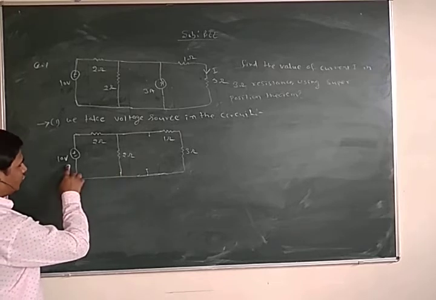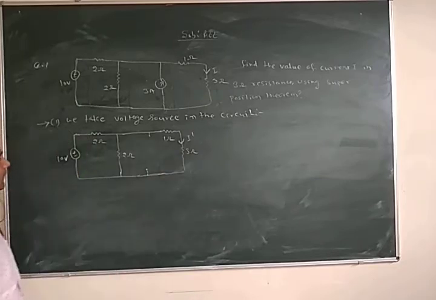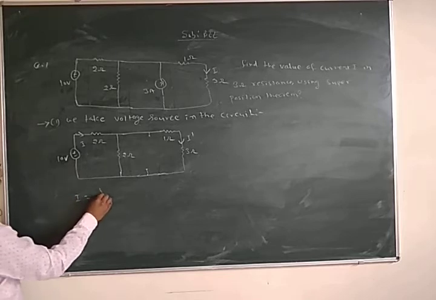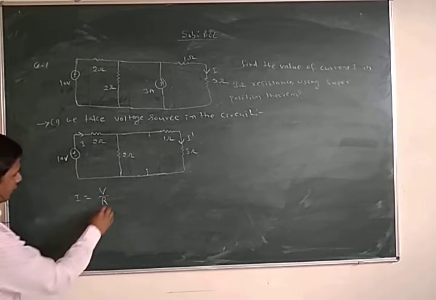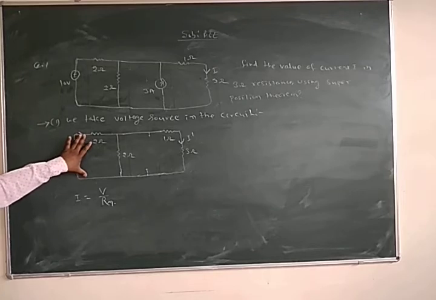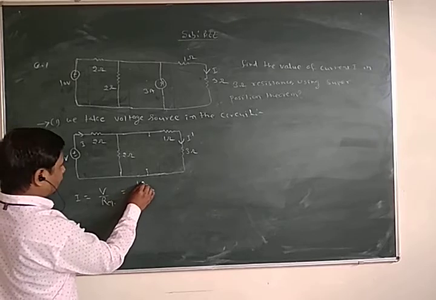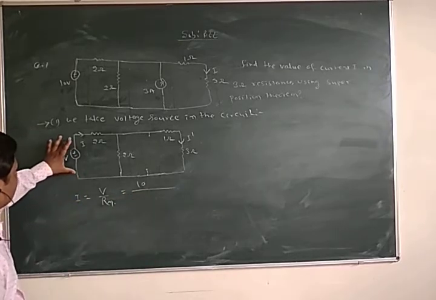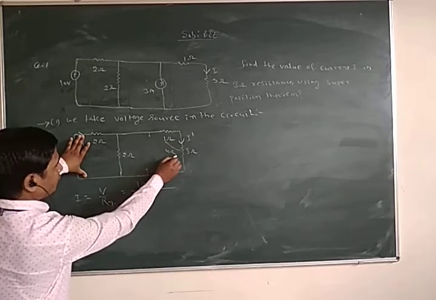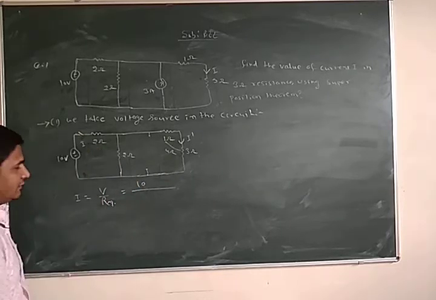Now due to 10 volt source, current I, suppose this is I dash. So current due to source is I equal to V upon R, where R is the equivalent resistance at the terminal of voltage source. V is equal to 10 volt and equivalent resistance at the terminal of voltage source is 3 plus 1, that is 4 ohm. 4 and 2 are in parallel, and with 2 ohm these are in series.